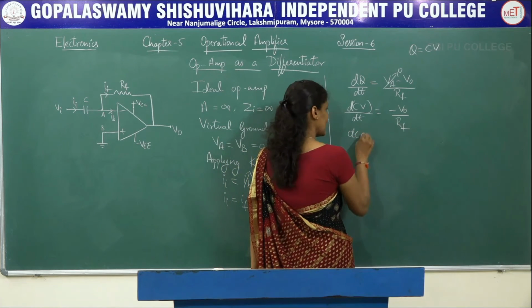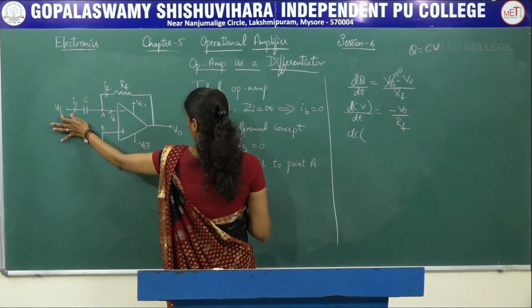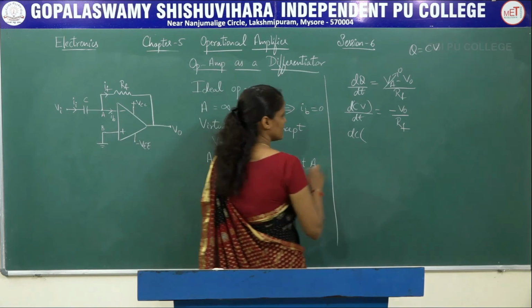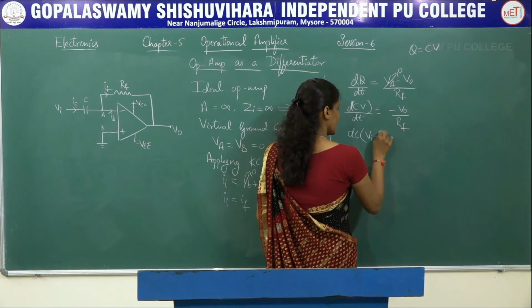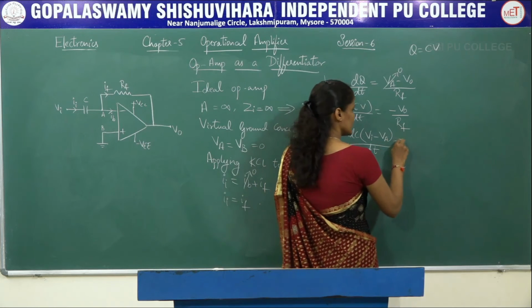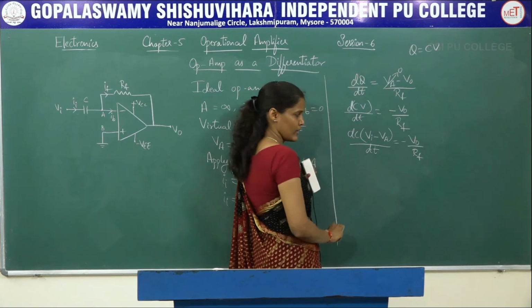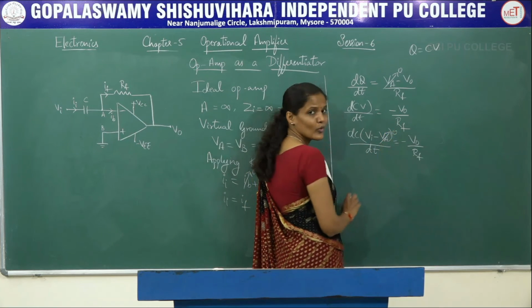So the potential drop across this capacitor is Vi minus VA. d of Vi minus VA divided by dt is equal to minus V0 divided by Rf. But VA is equal to 0 over here.